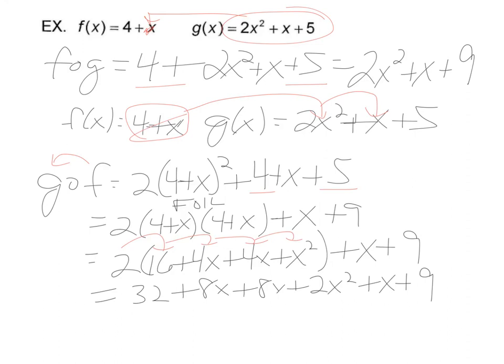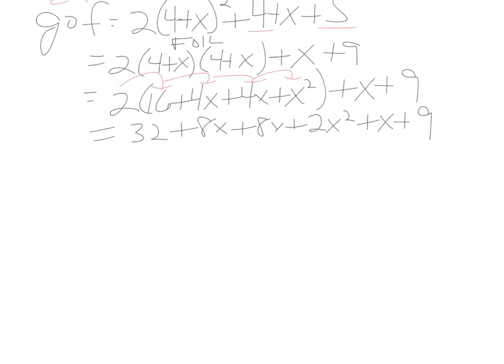Now we need to combine some like terms. There is a 2x squared. Then x to the first power would be 8 plus 8 plus 1, which is 17. And we are left with a 9 and 32, which is 41. And that one's finished.